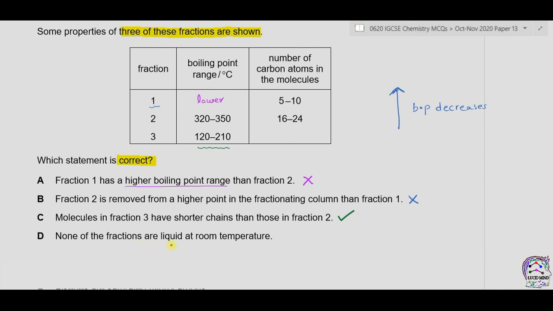D. None of the fractions are liquid at room temperature. As we know, carbon 1 to 4 are gases and above 4 are liquids, so fraction 1 is a liquid. So D is incorrect. The correct answer is therefore C.